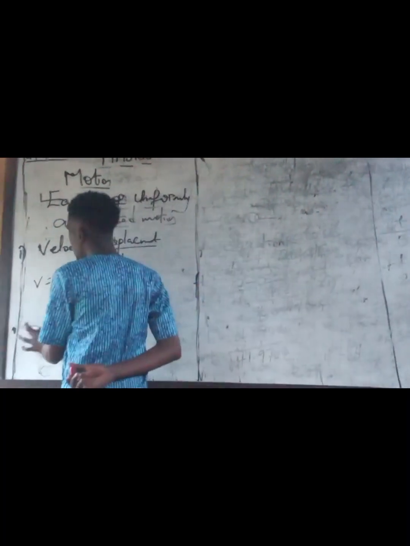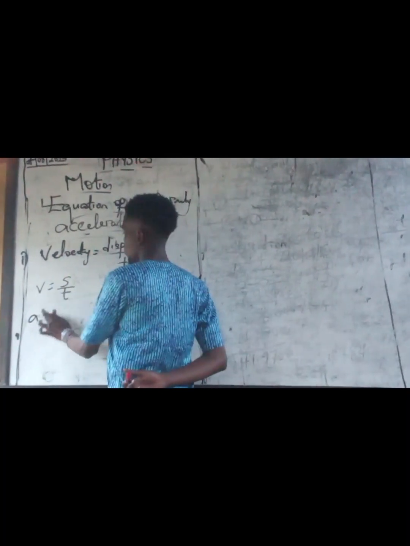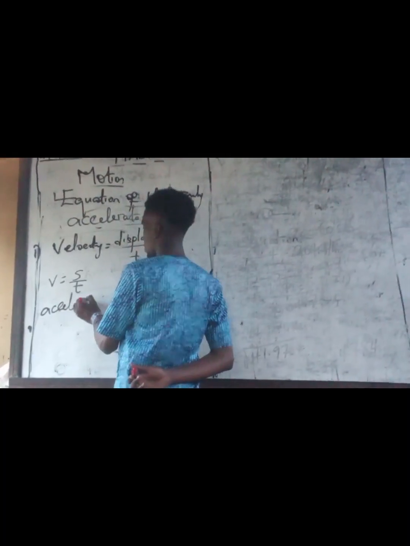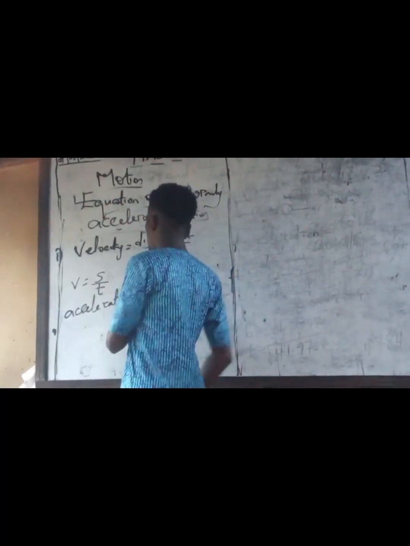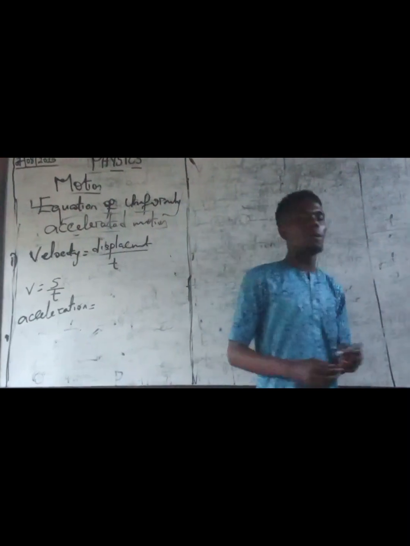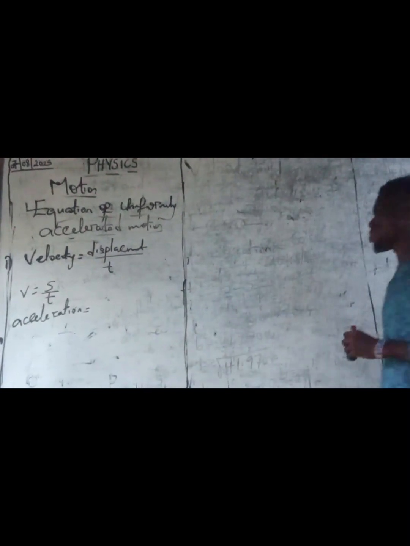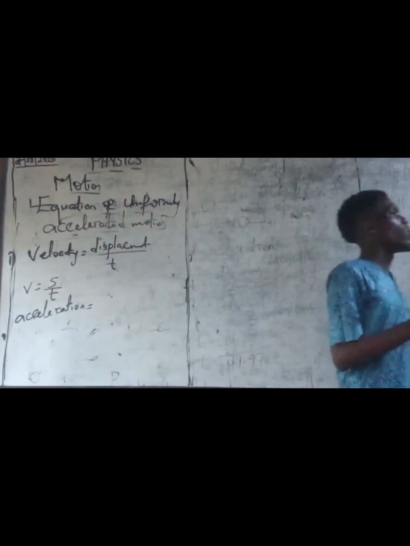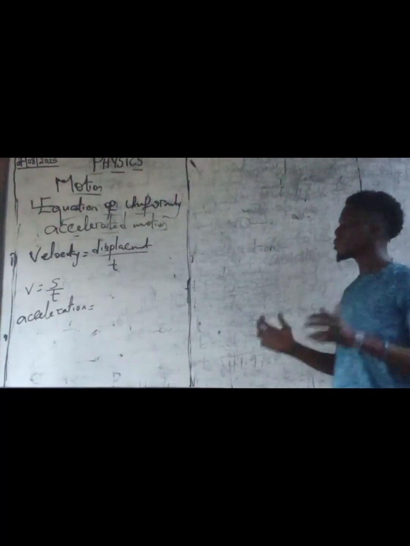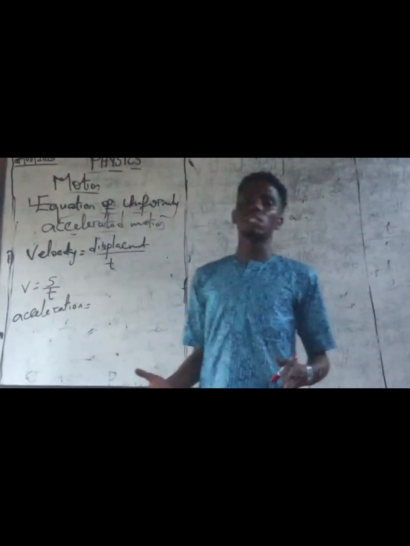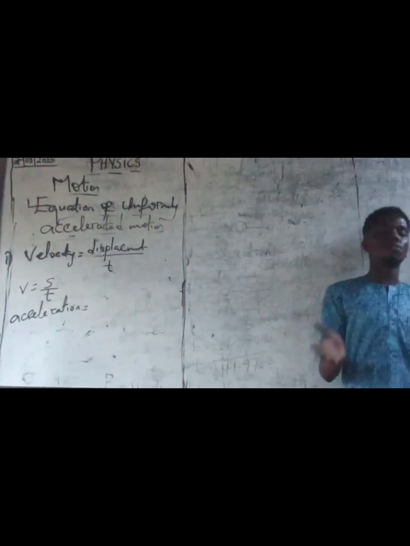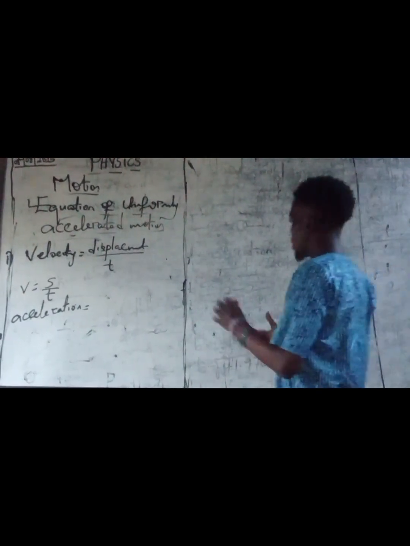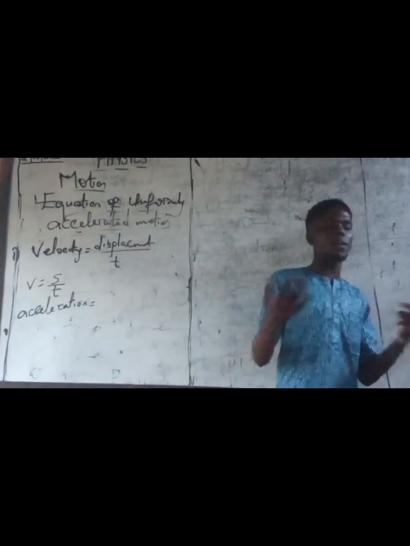Now, acceleration on the other hand is what? The change in velocity per time. Remember we established that, right? Good, beautiful. Now, in motion, whenever it comes to vector quantities, right? Vector quantities most times take a negative sign. They can either be negative or positive. And I will explain why that is. Because, take for instance now, displacement is a vector quantity.